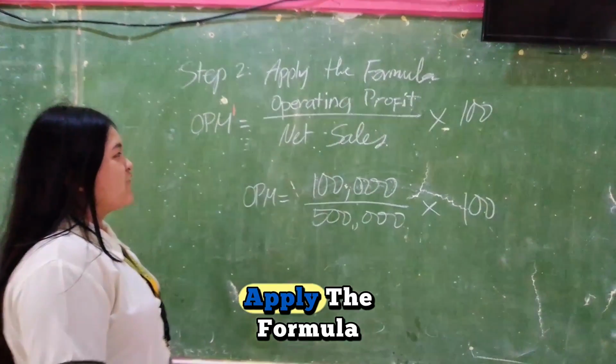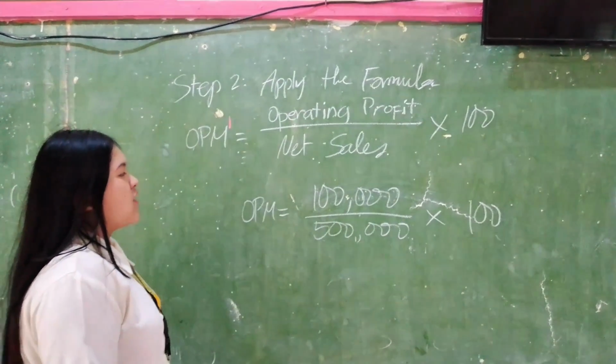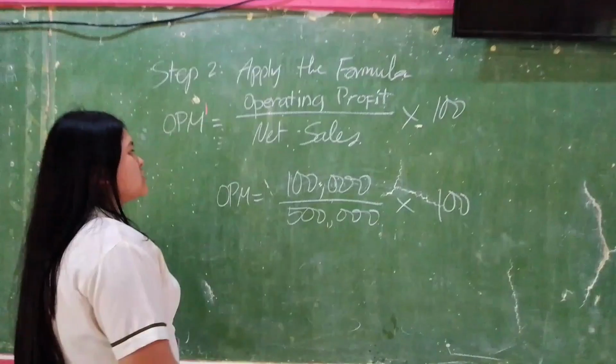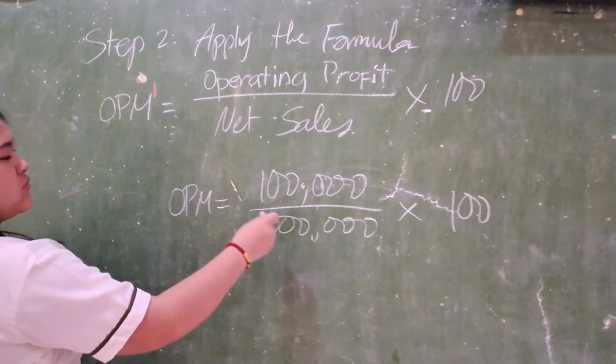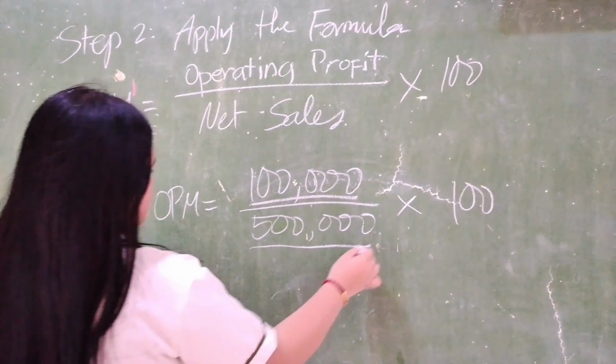Step 2. Apply the formula. OPM equals operating profit over net sales multiplied by 100. So our operating profit is 100,000 and our net sales is 500,000.